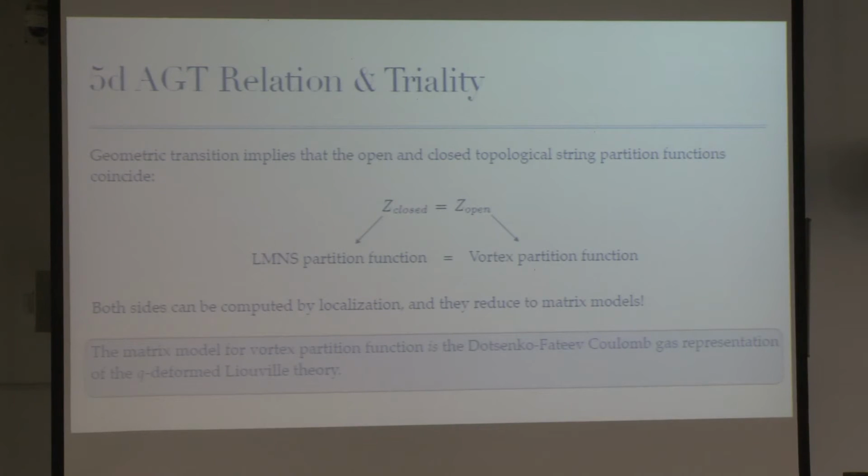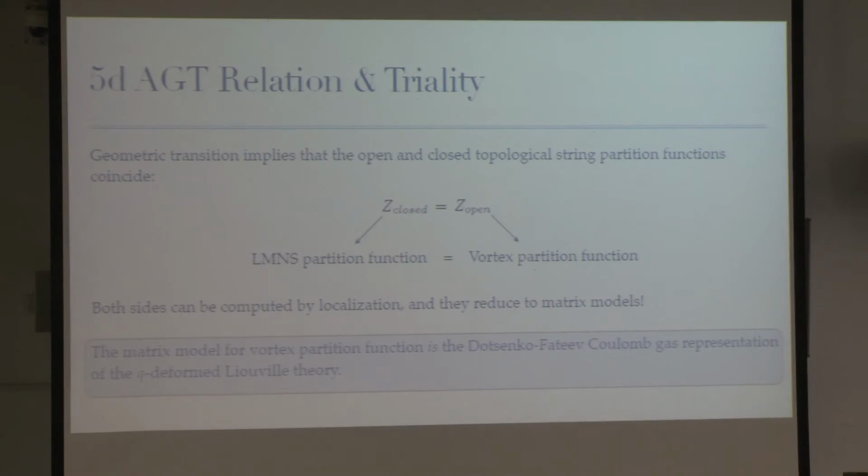Moreover, the matrix model you get for this local three-dimensional theory is exactly the same matrix model which Dotsenko and Fateev use to represent the conformal blocks. So if you do this in this one-dimension higher case, then you get the Dotsenko-Fateev Coulomb gas representation for the q-deformed Liouville theory.